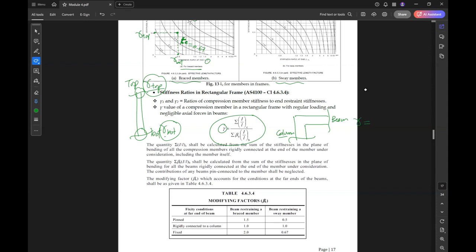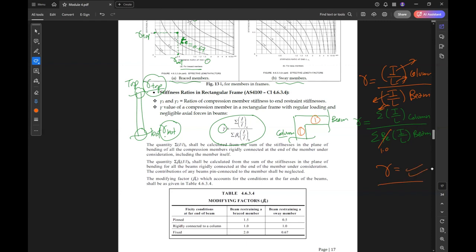So gamma equals the summation of I over L for the column, divided by the summation of beta effective I over L for the beam. For simplicity, if we take beta effective equal to 1 and have one beam and one column, gamma is I over L for the column divided by I over L for the beam. If you know I and L for the column and the beam, you can find gamma. You need to do this for the top and for the bottom.